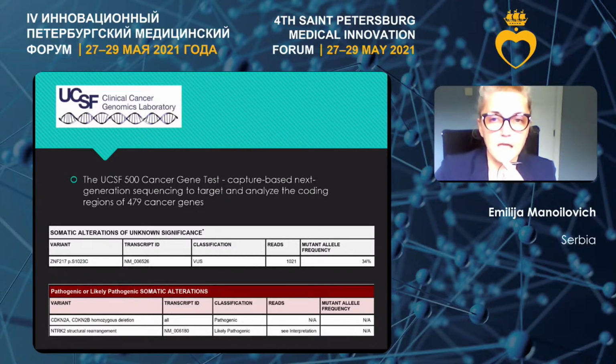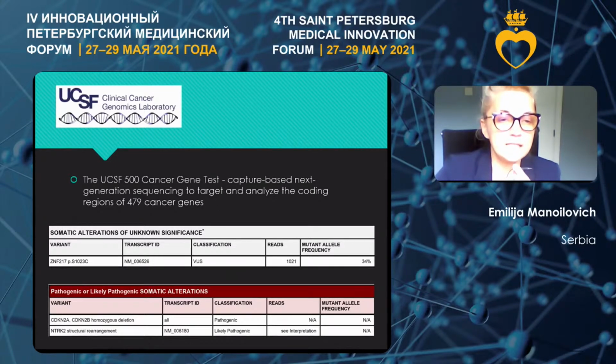This test is capture-based next-generation sequencing, which targets and analyzes coding regions of 479 cancer genes. So the aim of this test was to try to recognize the origin of the tumor. And here is what this test found.